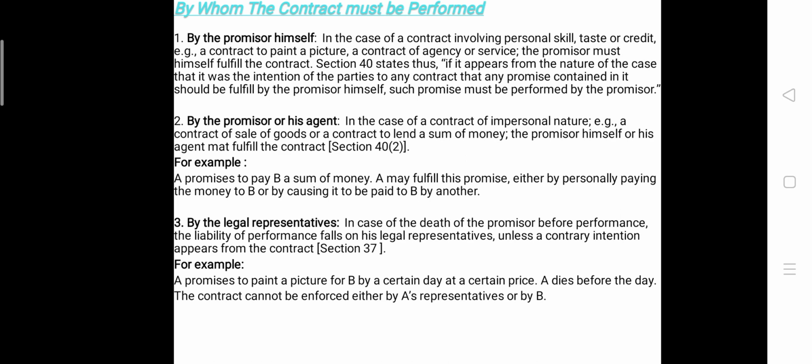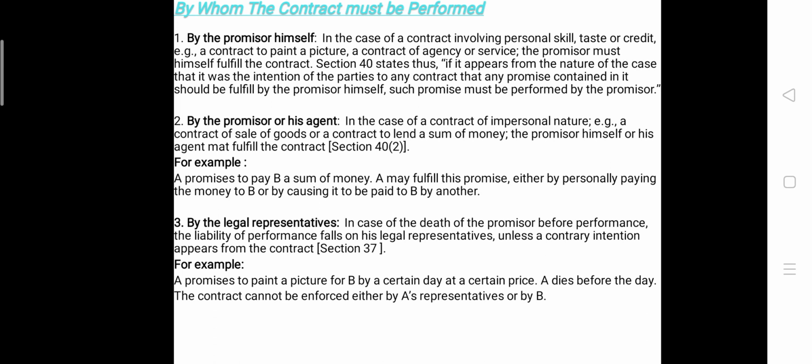Section 40 states thus, if it appears from the nature of the case that it was the intention of the parties to any contract that any promise contained in it should be fulfilled by the promisor himself, such promise must be performed by the promisor.